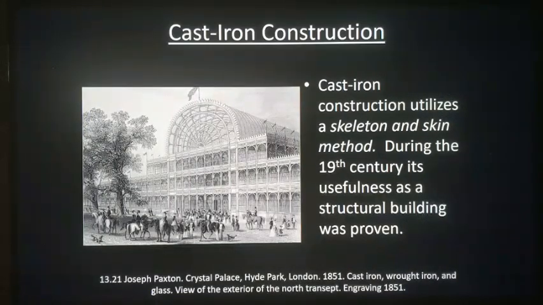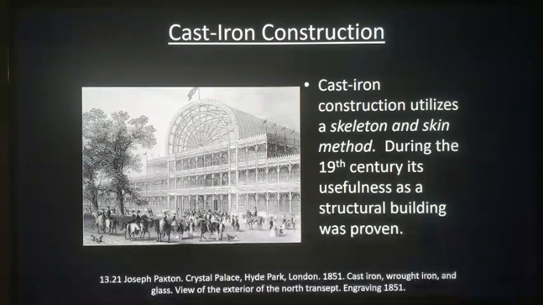Instead of building out of stone and having the shell system, we're moving into the skeleton and skin system. So in this case, we're using iron as the skeletal structure of the architectural form, and then we're sheathing it with another material, in this case glass. So this is the predecessor to the modern skyscraper, using both of those materials together.